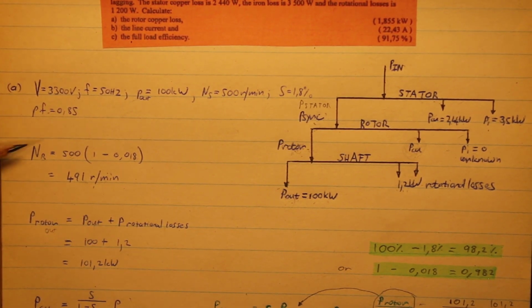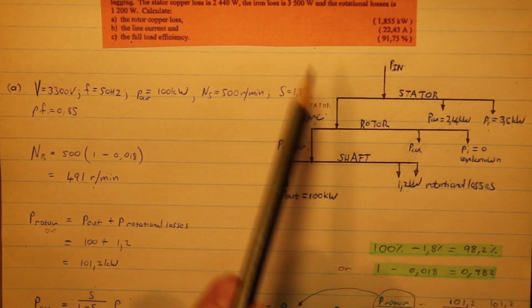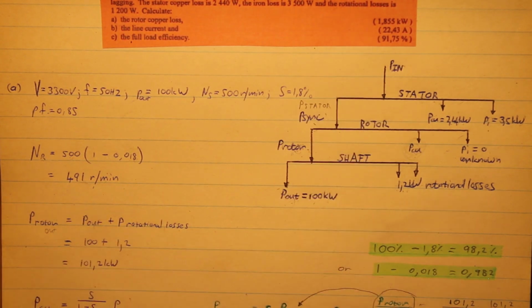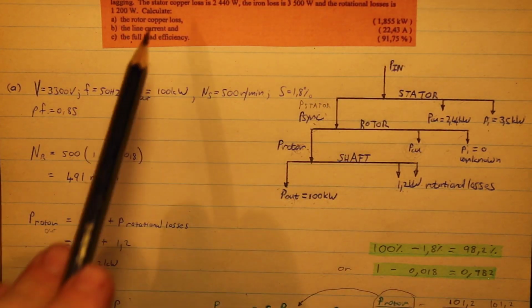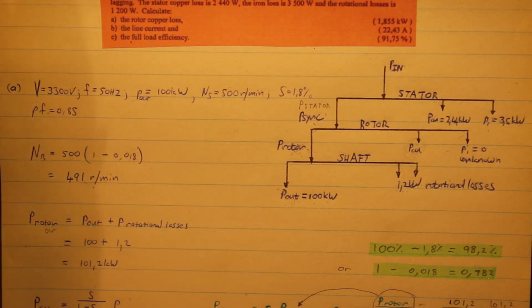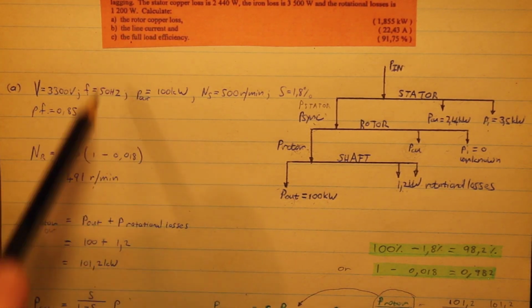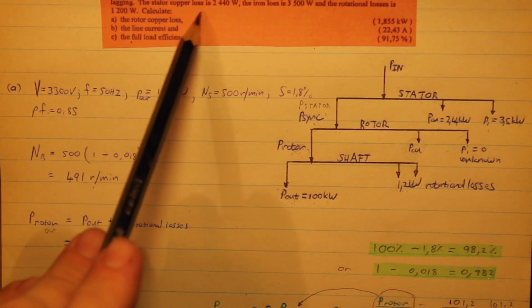Looking at the problem now, we need to continue reading. The power factor is 0.85 lagging, and because it's an induction motor, it's full of windings, it's always going to be a lagging power factor. And now we have the stator copper losses.